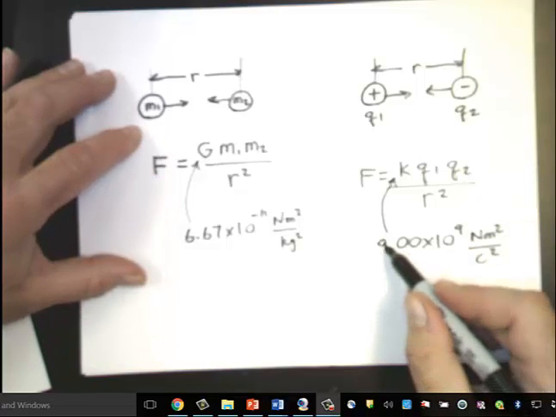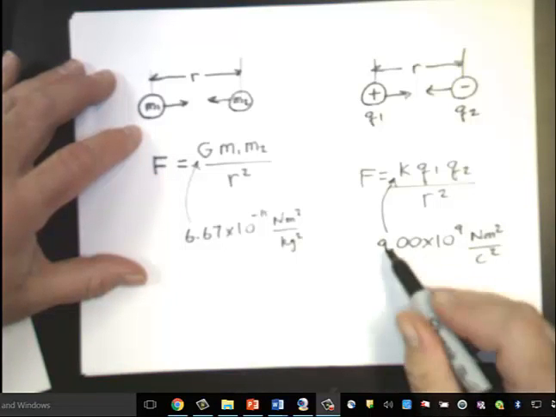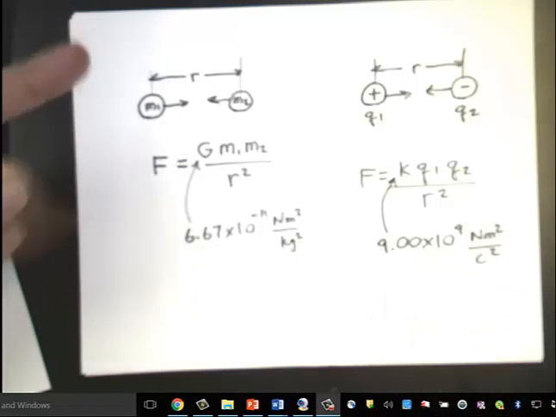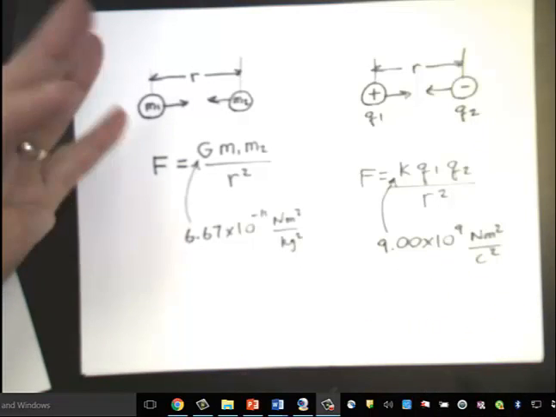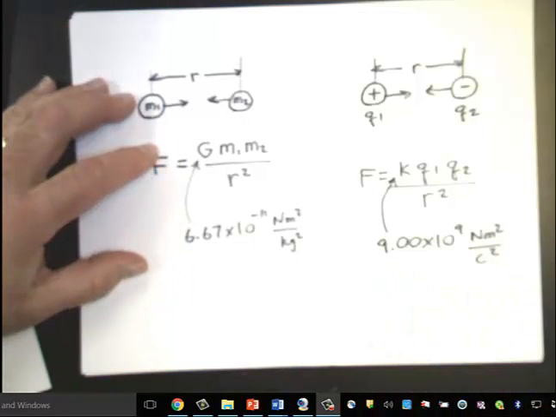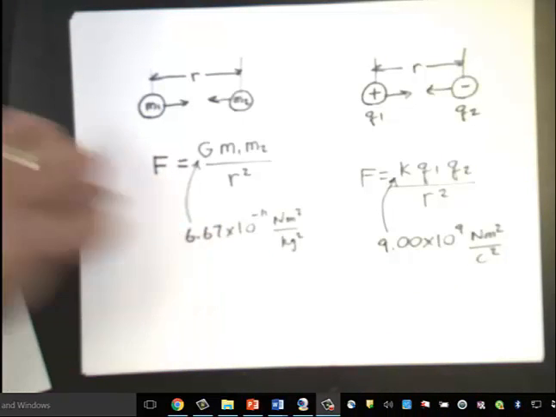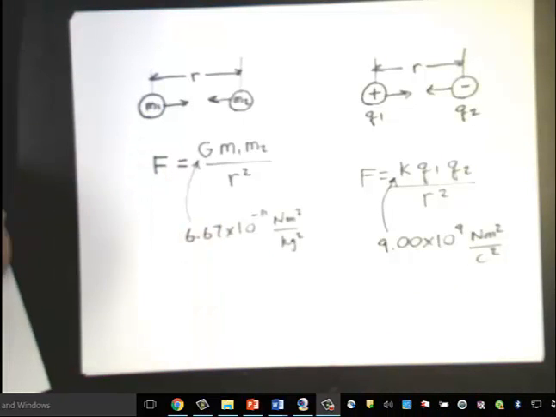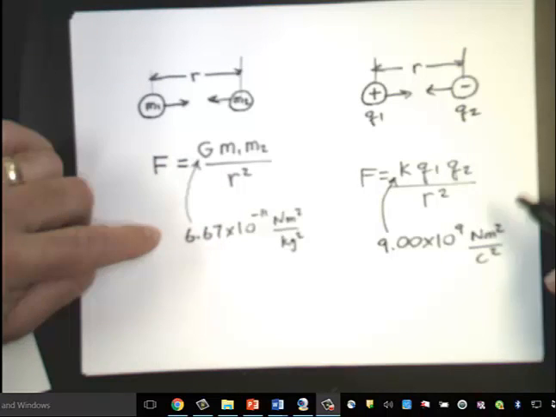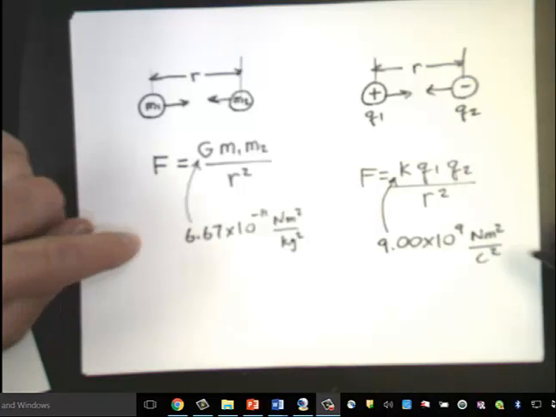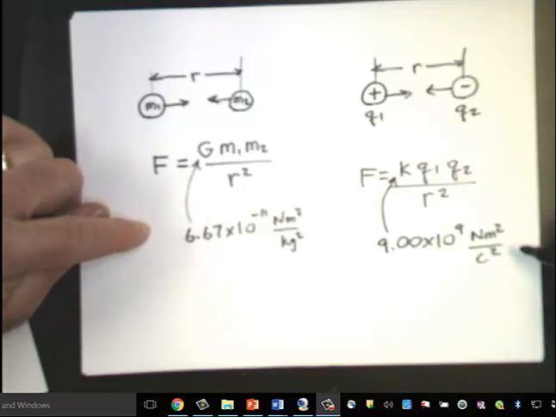So that is like a 9 with 9 zeros. 9,000,000,000. So this is 9 billion, and this is a 667 with 10 zeros in front of it in a decimal place. So the difference between these two numbers is 10 to the 20th power.